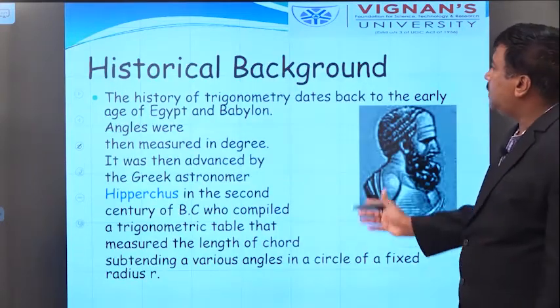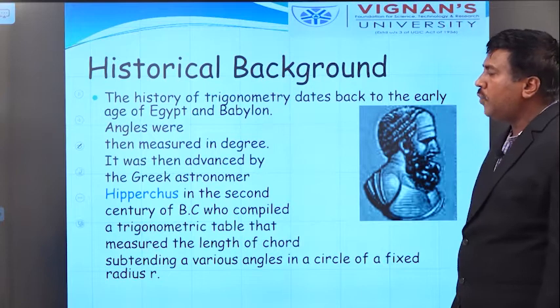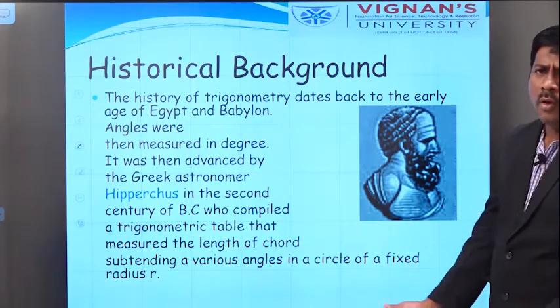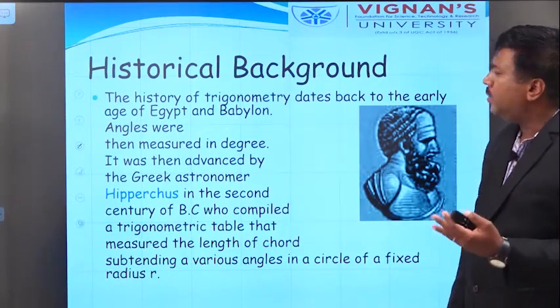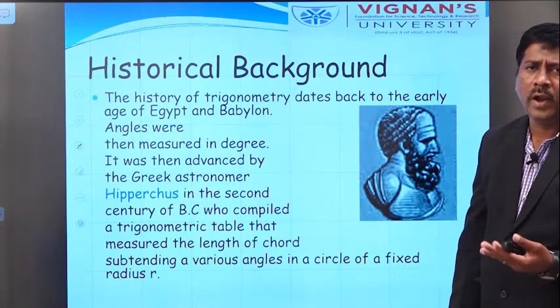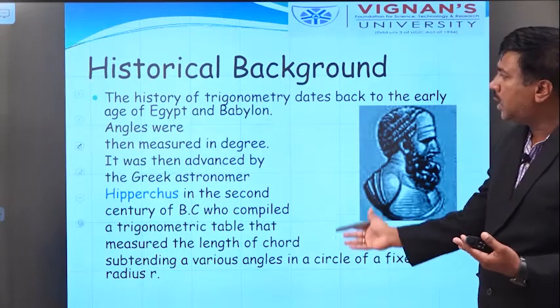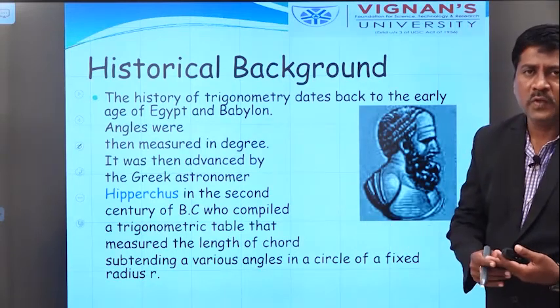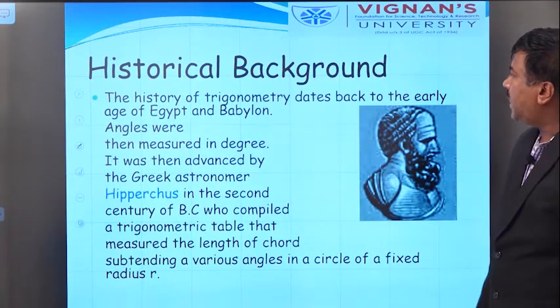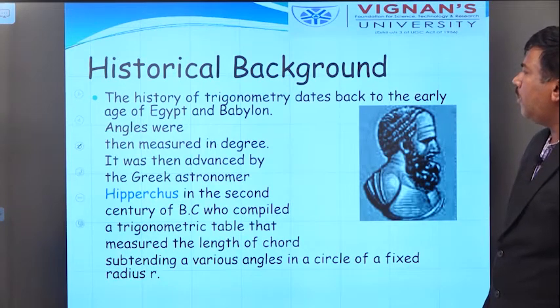Now, this is the historical background of trigonometry. In ancient India, trigonometry may have been used for finding distances and angles.